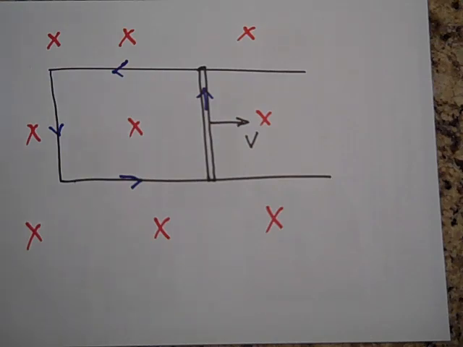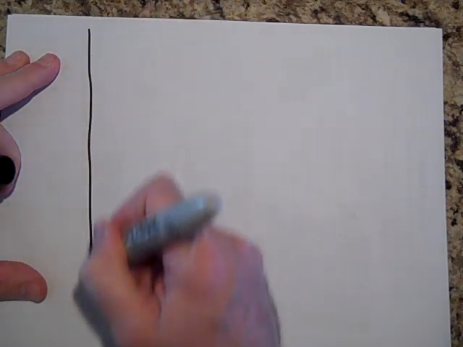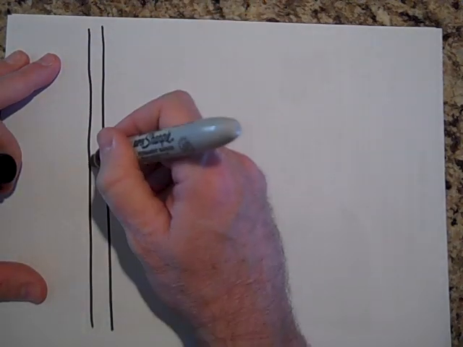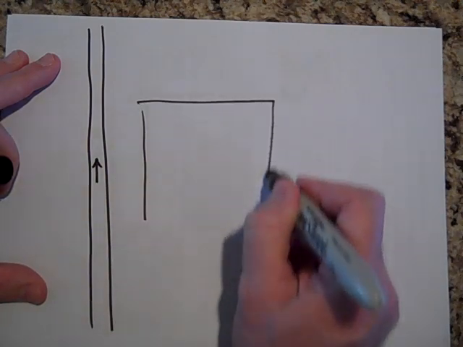Okay. One more example of how you can get this without Lenz's law. You can't always do it without Lenz's law, but a lot of times you can. You remember this one? Wire, hoop.